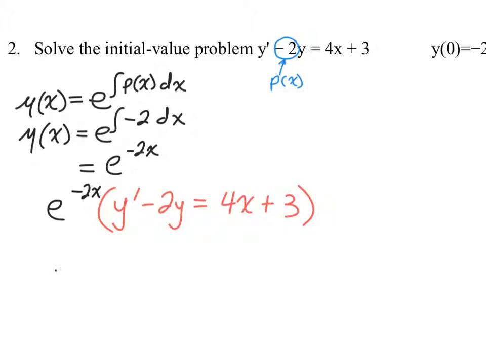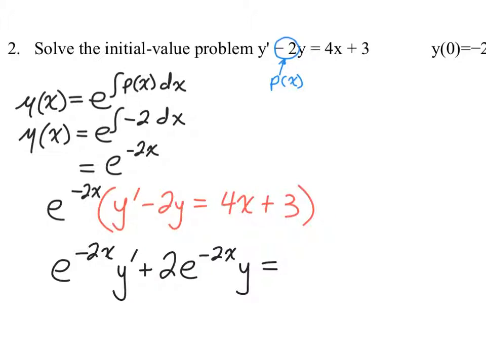So we're looking at e to the -2x y prime, oh sorry, y prime to start, this one is a y, minus 2 e to the -2x y. Actually, still minus. I was looking at the wrong negative.